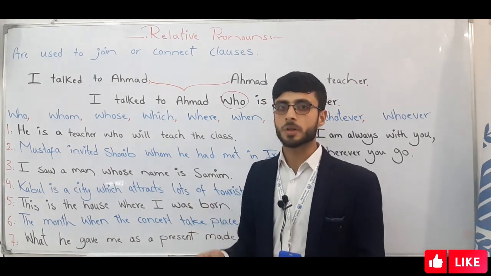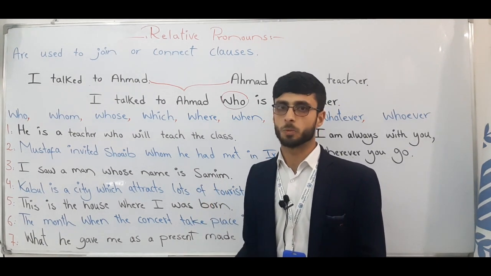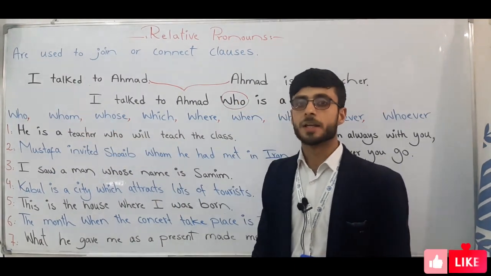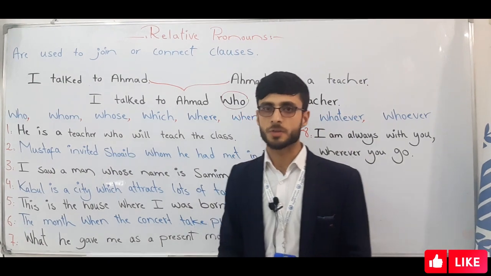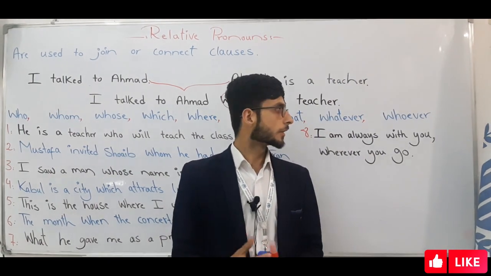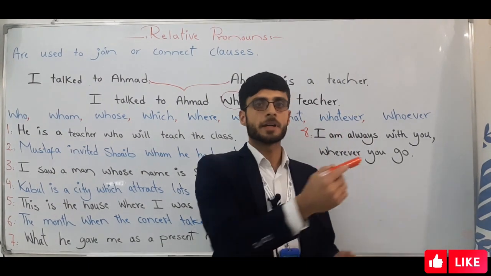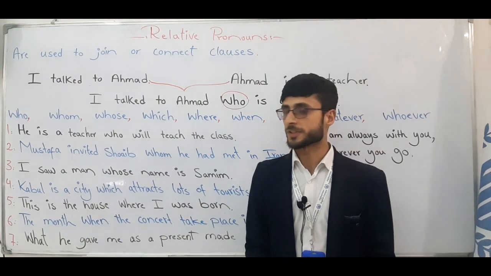Simple relative pronouns are pronouns that are made from one word, like who, whom, whose. And compound relative pronouns are pronouns that are made from two words, like whatever, whoever, wherever. These are some of the relative pronouns.